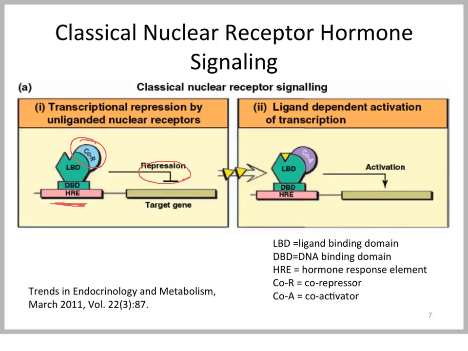On the right-hand side, you have just the opposite. You can have a scenario where, for whatever reason, that particular ligand binds to the receptor and the DNA binding domain, the hormone response element, and attracts a co-activator to lead to activation of messenger RNA. So we can have these two general effects, either upregulating a messenger RNA or downregulating it, depending on the way things are programmed.